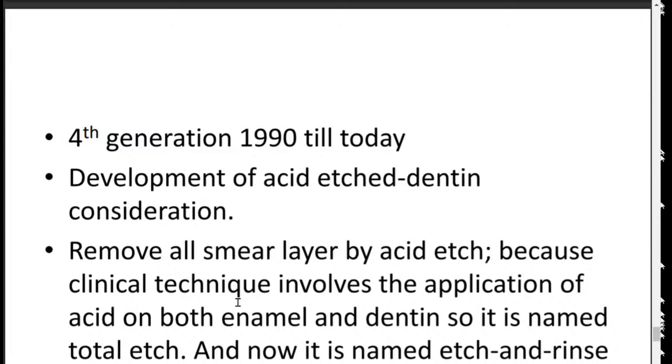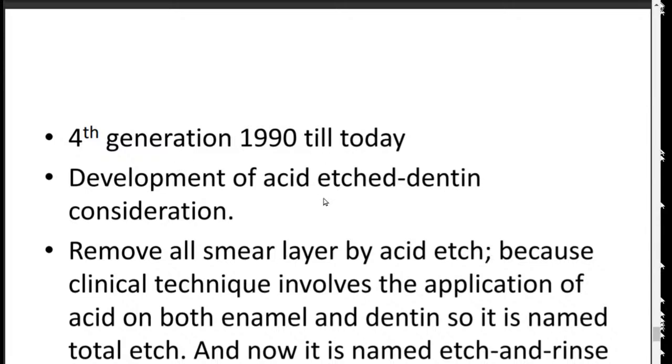So it was named total etch, and now it is named etch and rinse technique, containing 3 steps of adhesive.